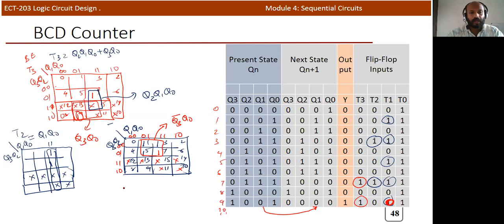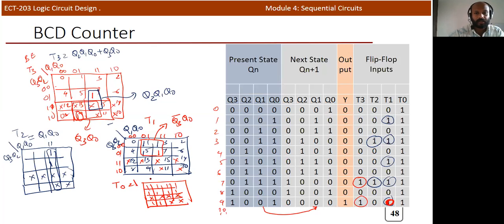And finally, this is for T1, and for T0, if you observe, all these values are 1, 1, 1, 1, 1, and other values are don't care. So you'll get a K-map like this, and here the values are don't care conditions, and all other values are 1. So T0 is equal to 1.